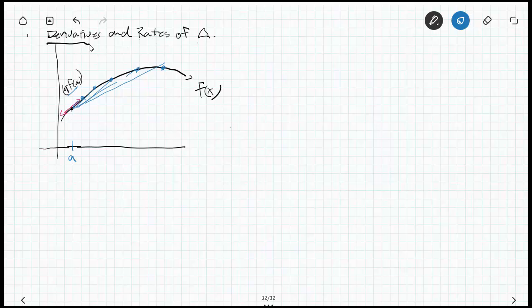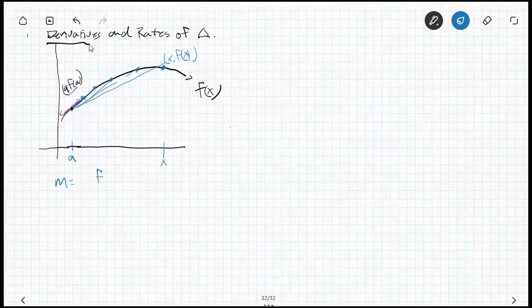What I'm going to do is start at a, and our mathematical fishing expedition is going to get me out here to x, okay? Now, this point right here is going to be x, comma, f of x. If we look at the slope of the secant line, then what would that be?